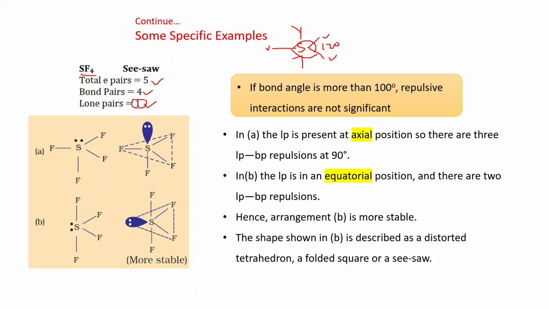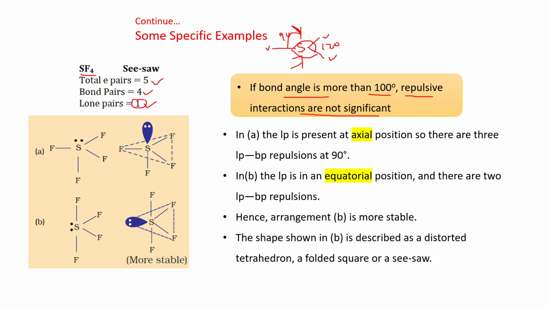Now see, this is the axial position. This is also the axial bond. Now if you see the angle between this axial position and this plane, this is 90 degrees. And again remember, if the bond angle is more than 100 degrees, repulsive interactions are not significant.